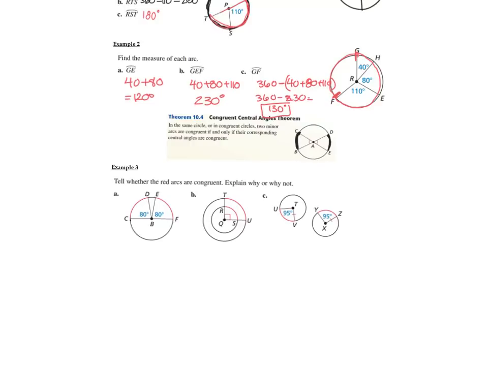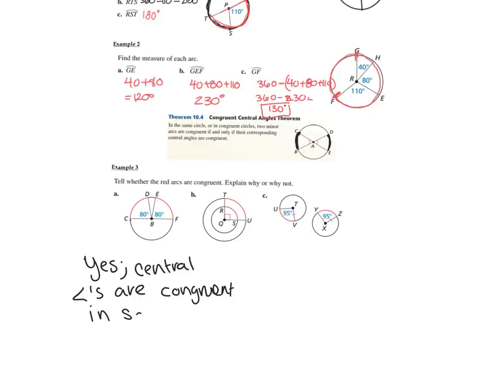Therefore, arc CD and arc EF have to be congruent. So yes, because the central angles are congruent in the same circle.